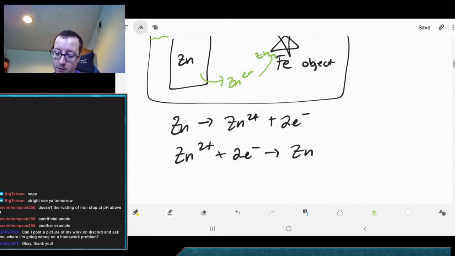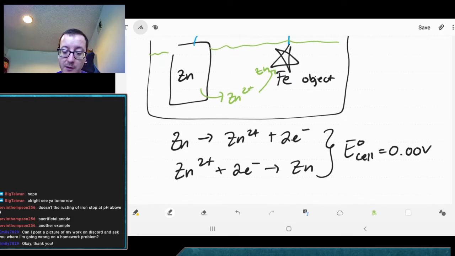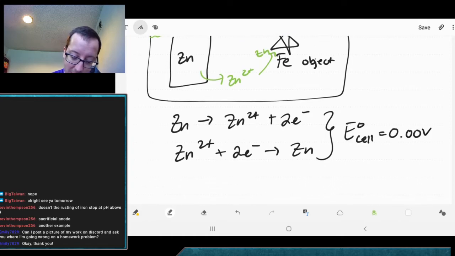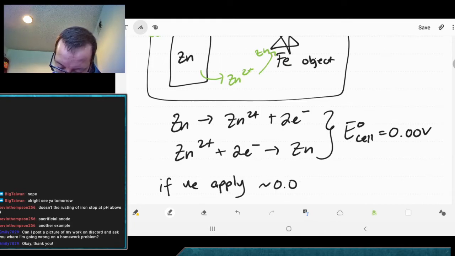So that's all we're going to be doing. Since these are just the opposite reaction, we of course would have no potential here. So just like with the concentration cells, we don't have any potential, but we saw concentration cells can give a little bit of potential. All we have to do is apply an extremely small voltage to get this to happen. Just a tiny voltage to this, it'll happen.